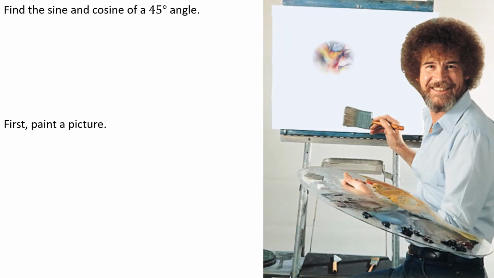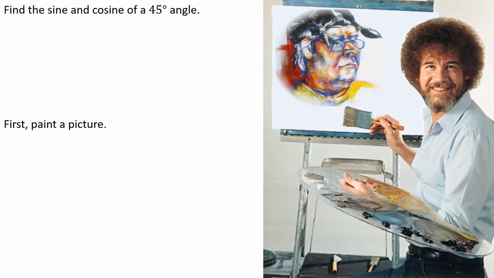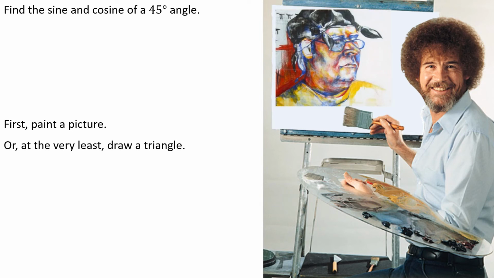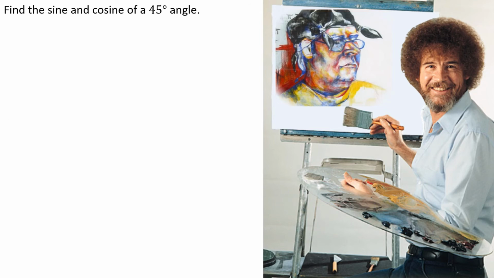How am I going to do this? Well, again, if I don't have a picture, I better come up with a picture somehow. Right, so Bob Ross will come back and he'll paint, no. Let's get a triangle instead here.